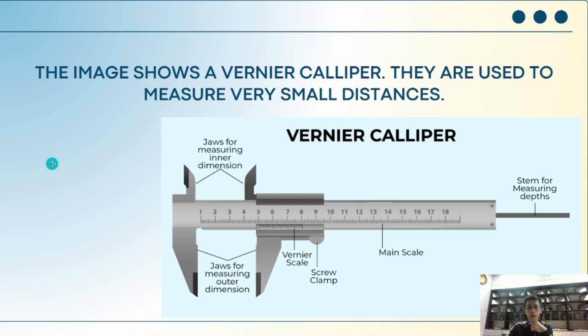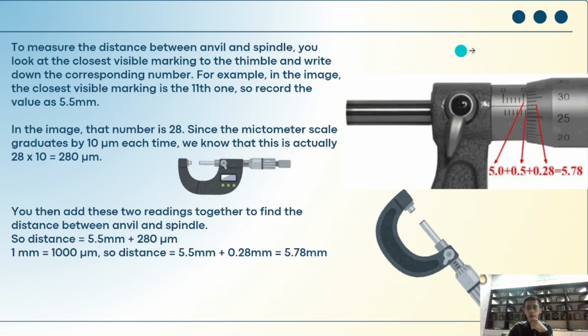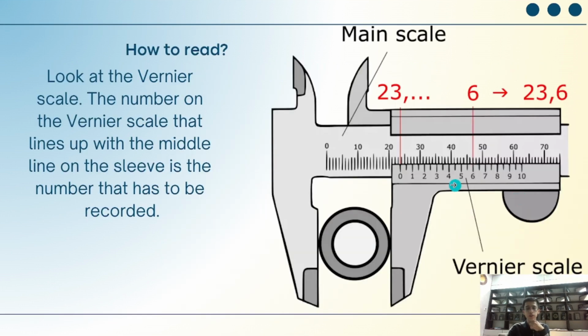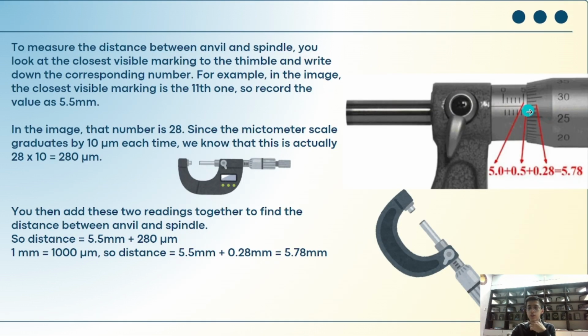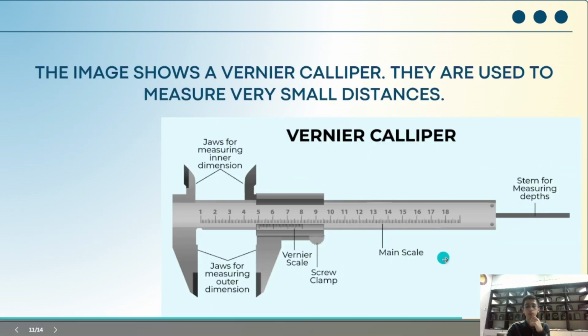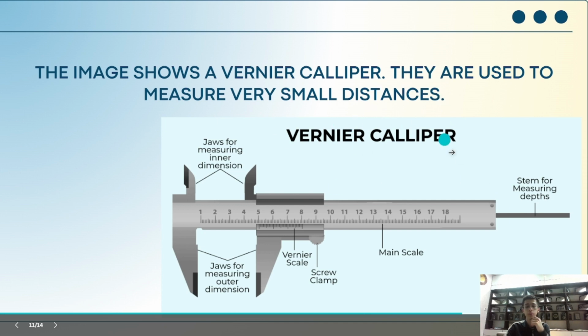By the way, the vernier caliper and micrometer measure small distances. The smallest reading on the micrometer is 0.01 millimeter, and on the vernier caliper it's 0.1, or usually 0.2 millimeters.